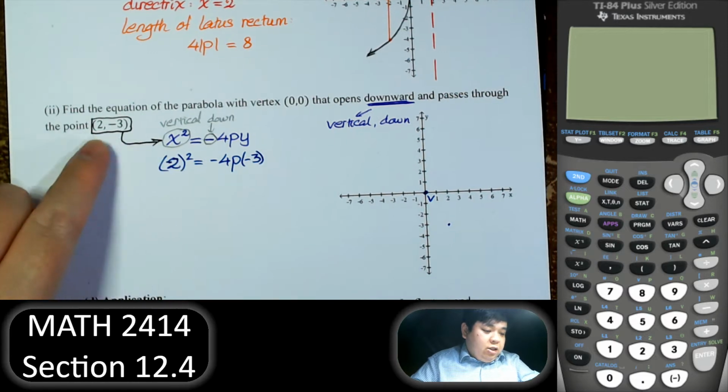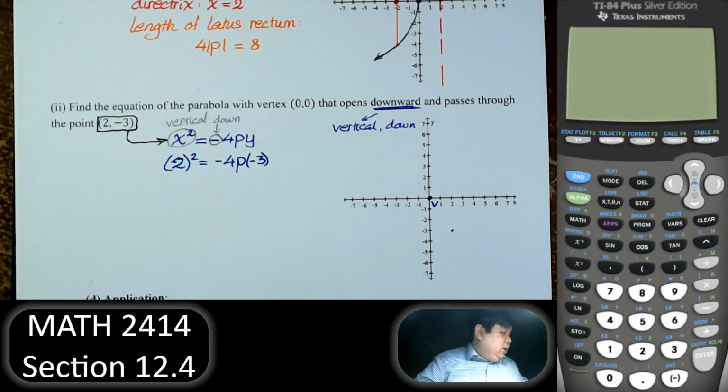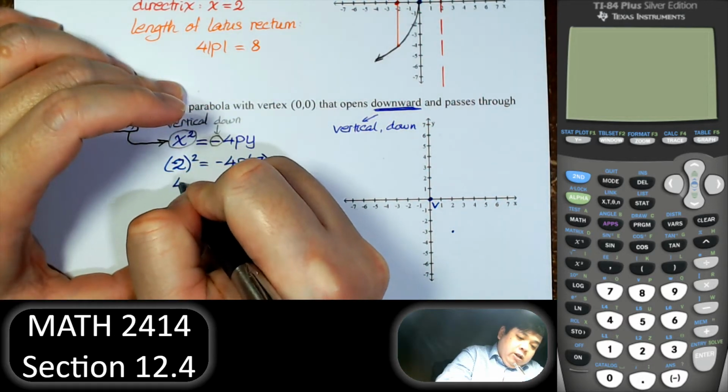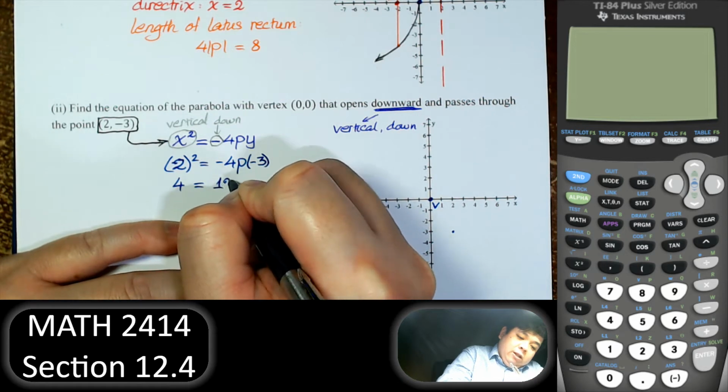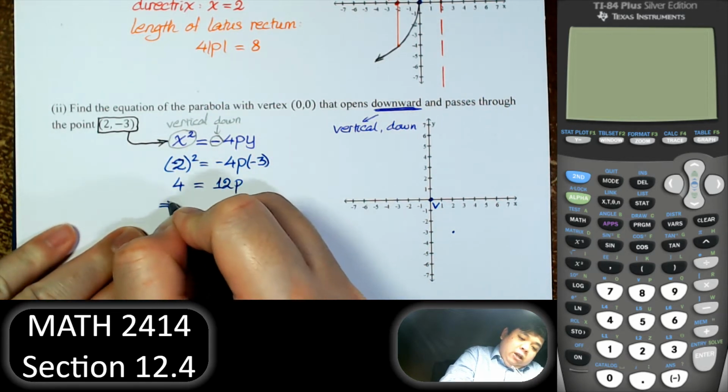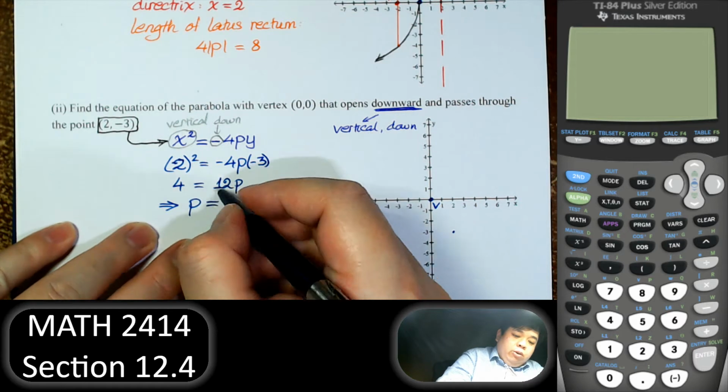Putting that in the equation, we have 4 equal to 12p. So p is equal to 1/3.